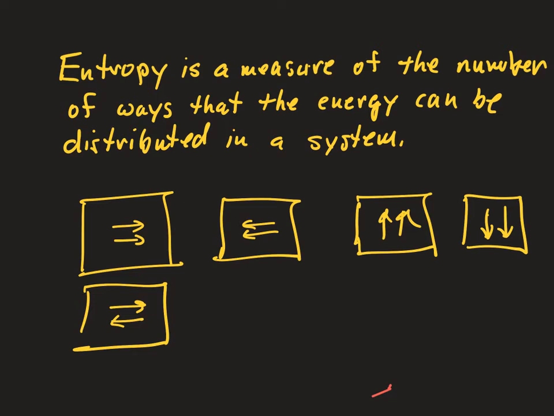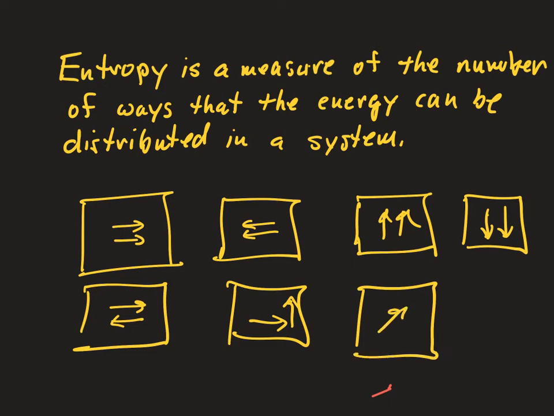They each have the same average kinetic energy that way, right? We could consider them moving one in this direction, one in that direction. All of those are ways of distributing the chemical or the potential energy in the system, right? They could be going this way and that way. All the different ways we could do this from all the different positions add up to ways that you can distribute the energy in a system. And that contributes to the entropy of that system, okay?